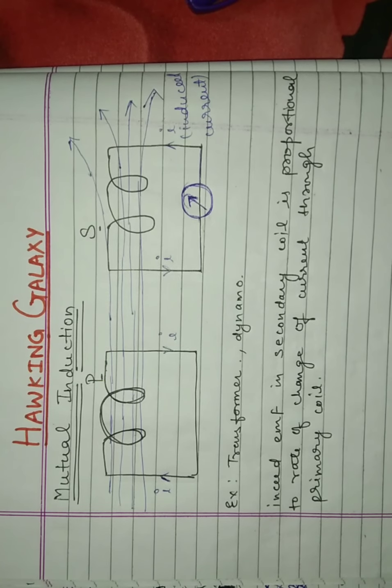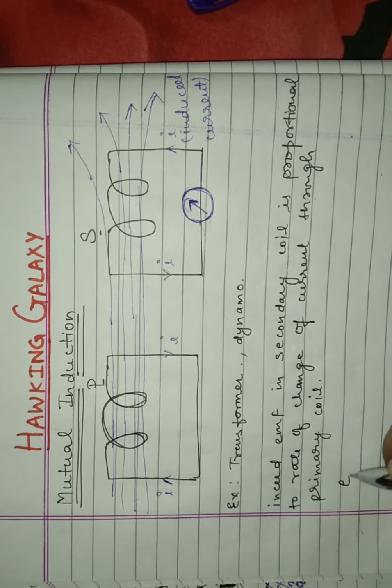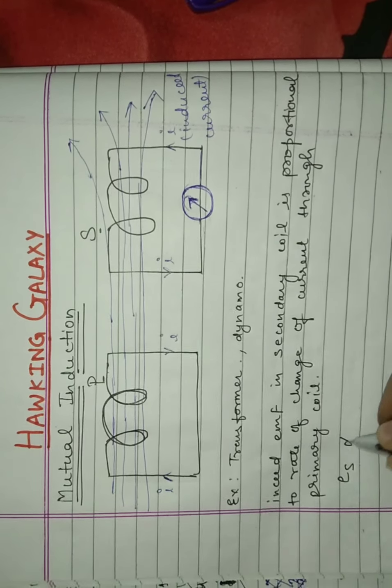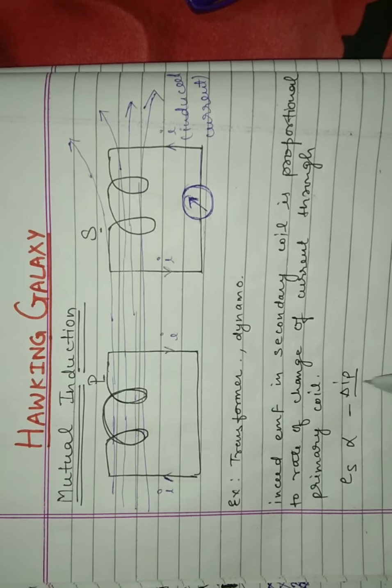That is, the induced EMF across the secondary coil is directly proportional to the negative rate of change of current in the primary coil.